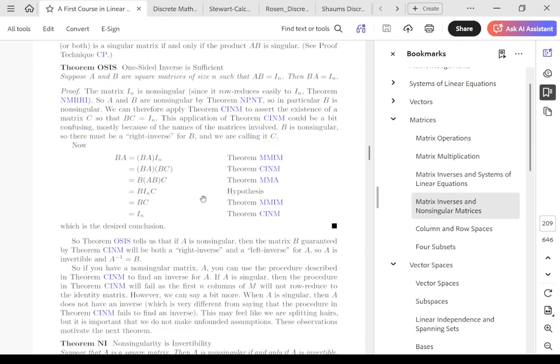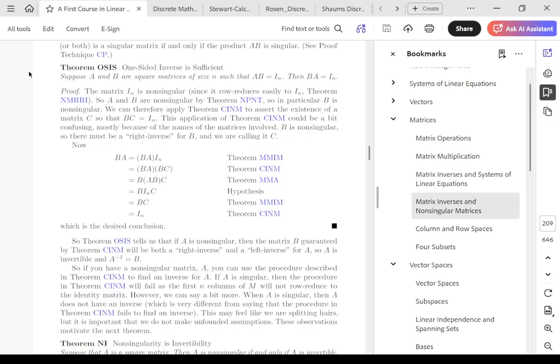Theorem OSIS, one-sided inverse is sufficient. What this theorem states is, suppose A and B are square matrices of size n, such that A times B is In, then B times A is In.